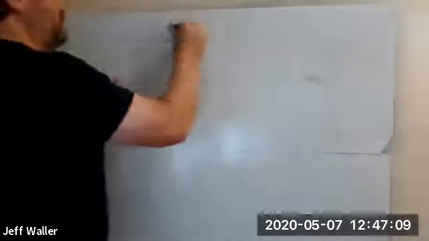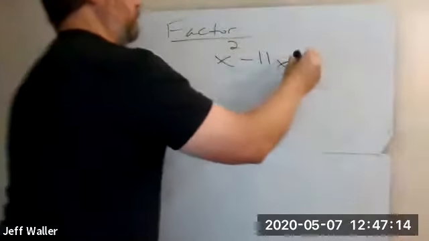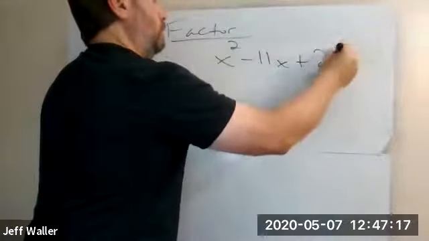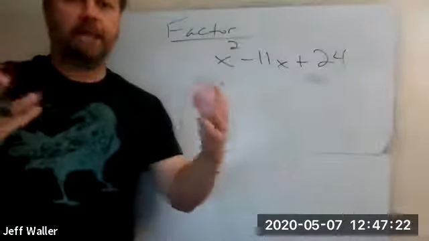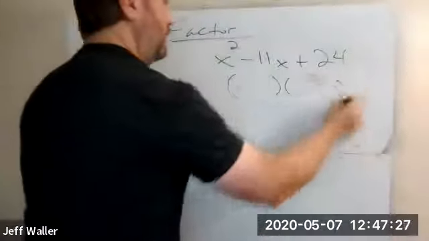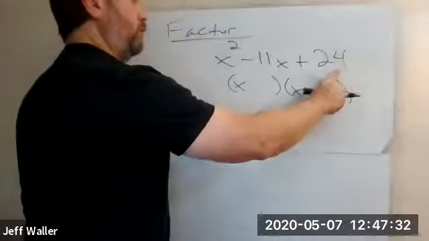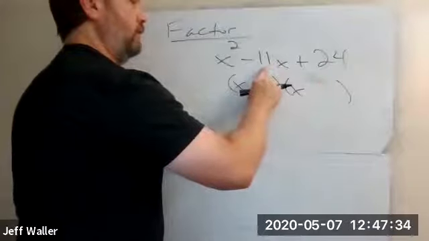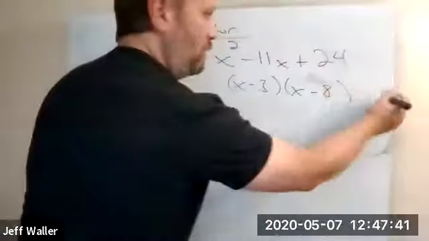Now, what unfortunately happens, now watch. If I said this, watch, interesting things happen now. If this is the question, this is not too bad. How do you factor this? Two numbers that multiply to 24 and add to -11. -3 and -8. But then I get people that put it equals 0 here and they keep going.